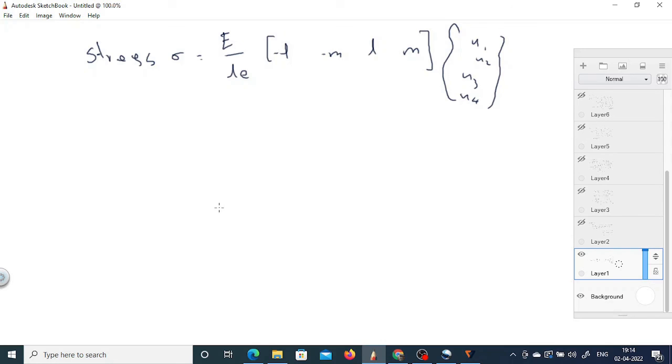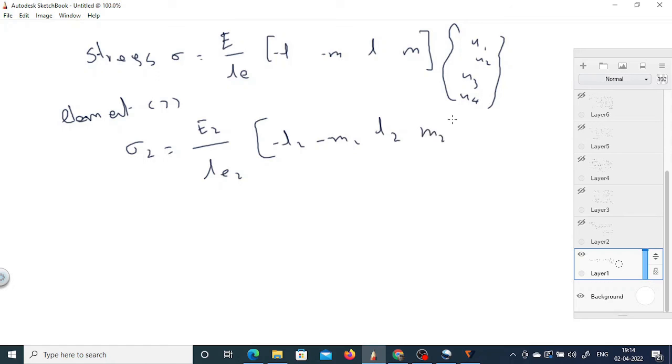So for element 2, the problem has the question about element 2 stress. So element 2 stress sigma 2 is equal to E2 divided by LE2. After that minus L2 minus M2 L2 M2, and the displacements according to element 2, U1 U2. After that U5 and U6 you consider because of element 2.